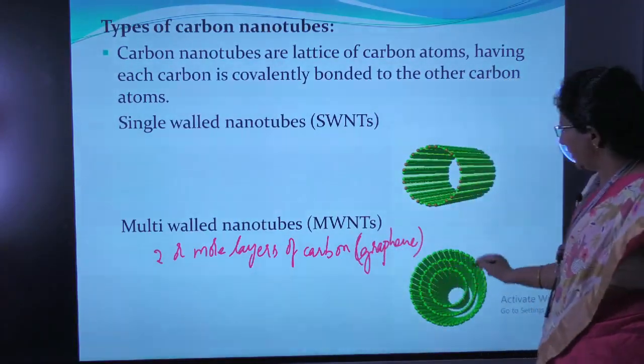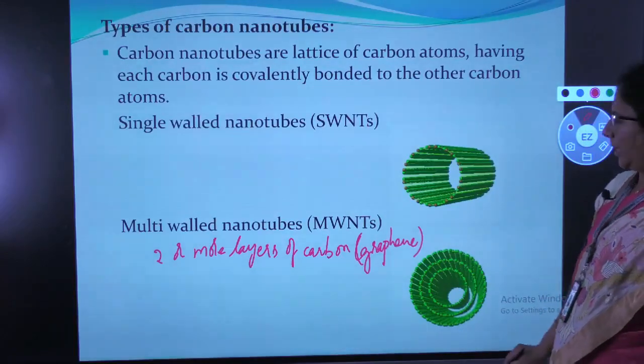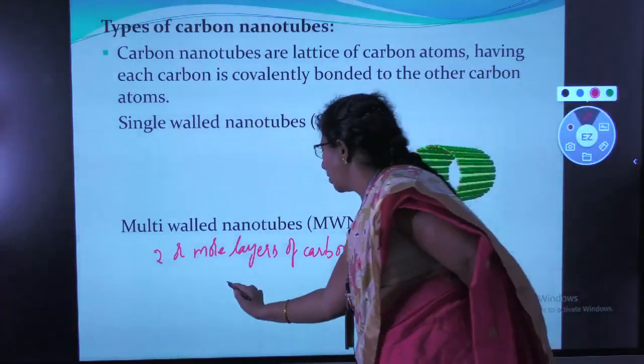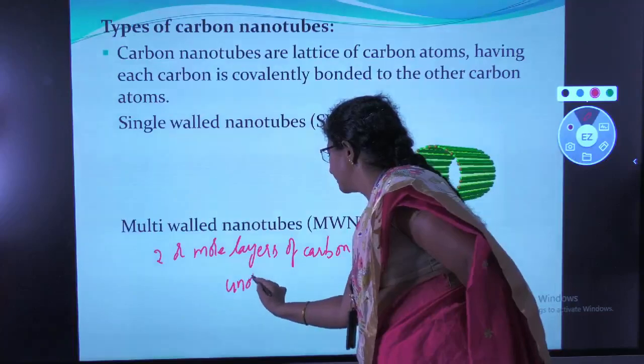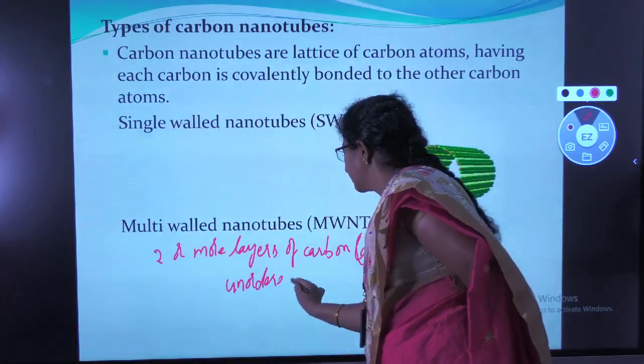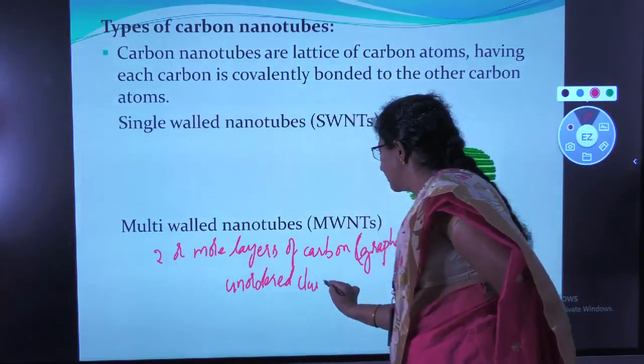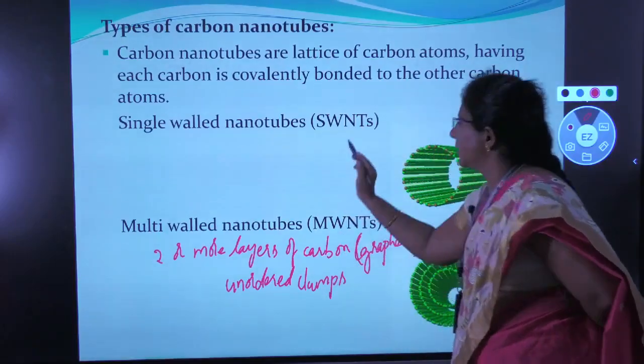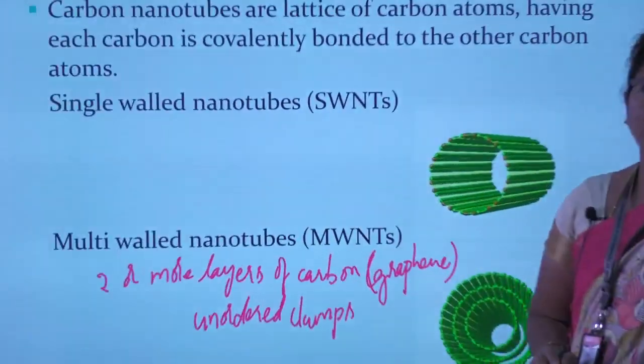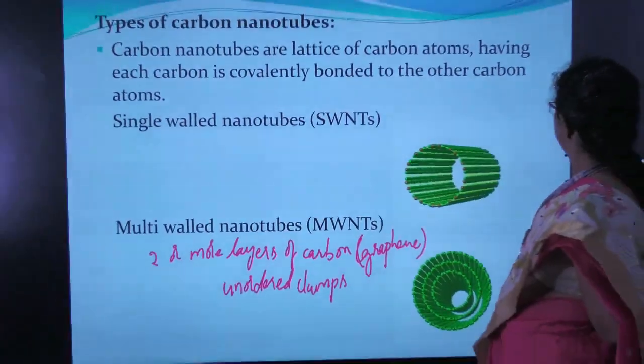See, this is how it is appearing. And this will form unordered clumps, whereas with single walled carbon nanotubes we will be getting ordered bundles.